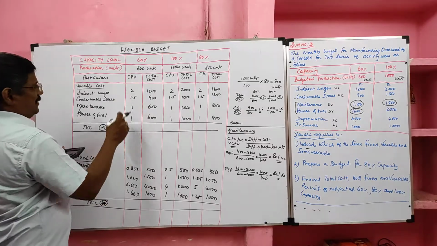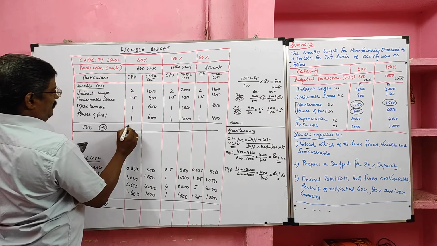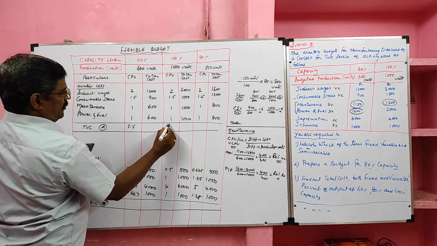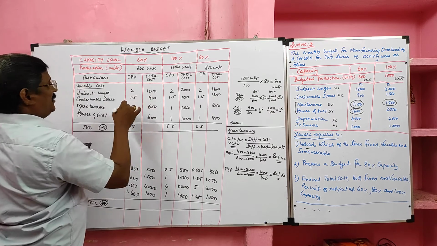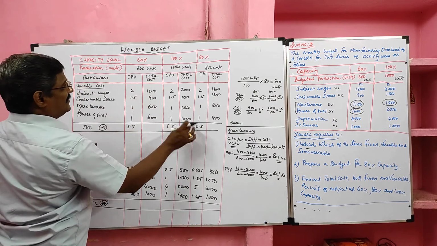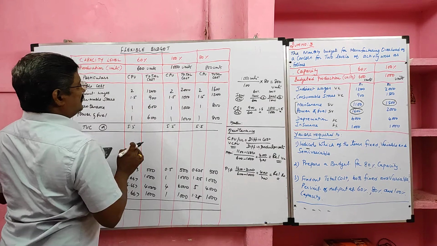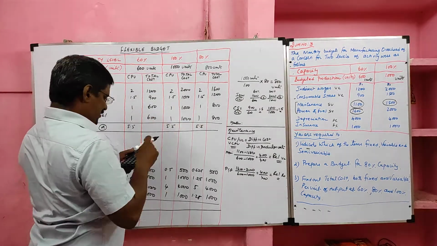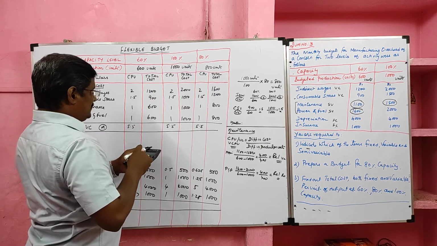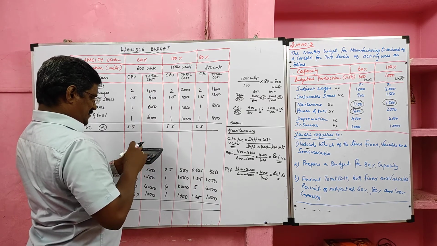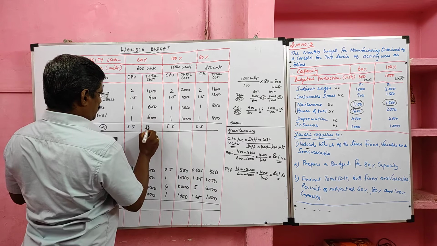What I have to do? I have to add 3, 4, 5, 5.5, 5.5, 5.5. I said cost per unit of variable cost remains constant at all levels of activity. Then total cost, what happened? It varies. So we have to add 1200 plus 900 plus 600 plus 600, total 3300.